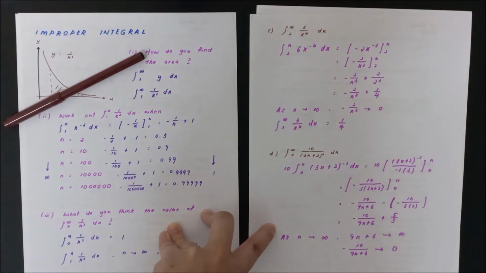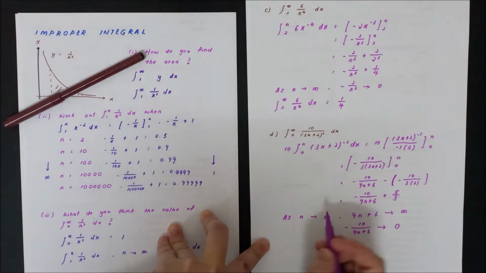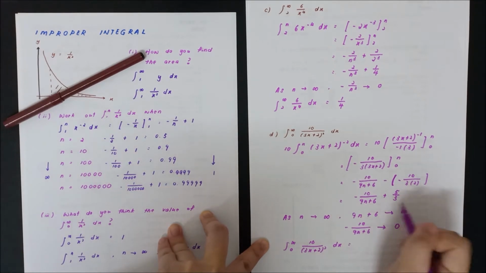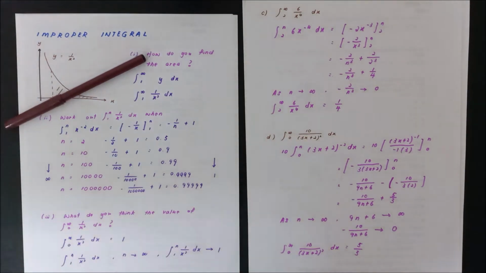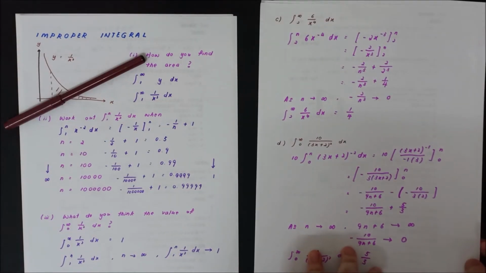Okay, so it's the same thing like a over infinity, then it approaches 0. So after that, your answer will be that the integral from 0 to infinity of 10 over (3x plus 2) squared dx equals to, what do you have left? 5 over 3. So that's example D.